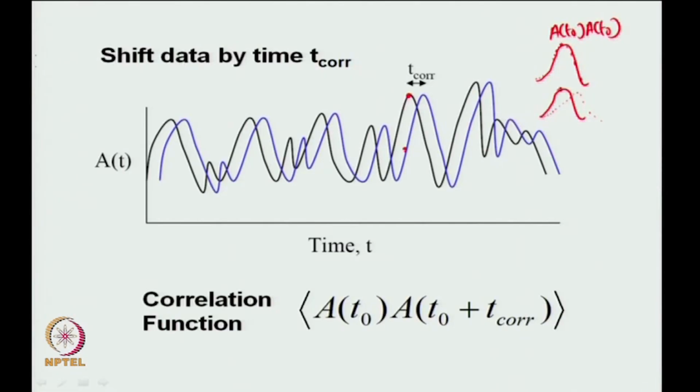Now this is this, and this is this, so this is A t naught times A t naught plus T correlation. What has happened to the product? It has already decreased, is not it. If you allow it more time, this dotted curve will move fully out of the domain of the solid curve, and finally you would lose all correlation. Essentially what you are seeing is a correlation decay. That is how you define a correlation decay, right.